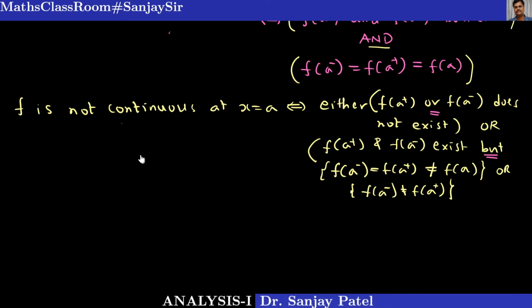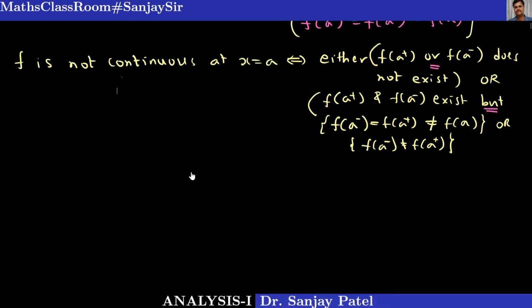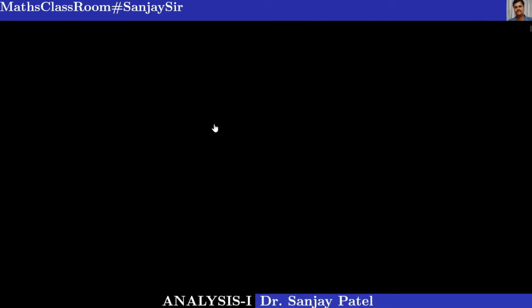So let me draw a chart and explain this thing. f is not continuous at the point x is equal to a. Let me explain this.